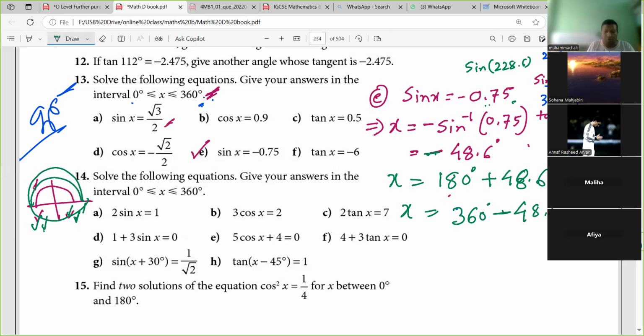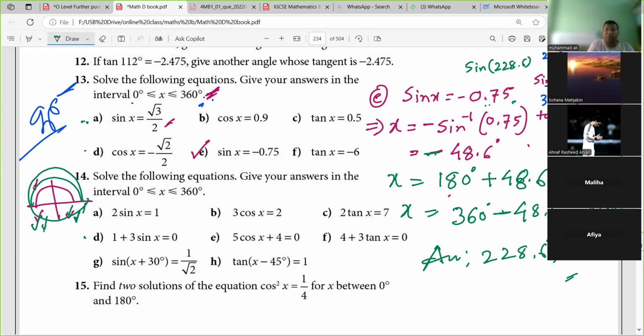It will be 360 minus 48.6, so it will be 311.4 degrees. So the results will be 228.6 degrees and 311.4 degrees. Okay. So at home you try to practice this maths also.